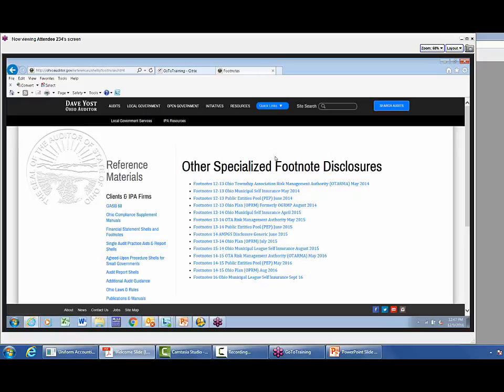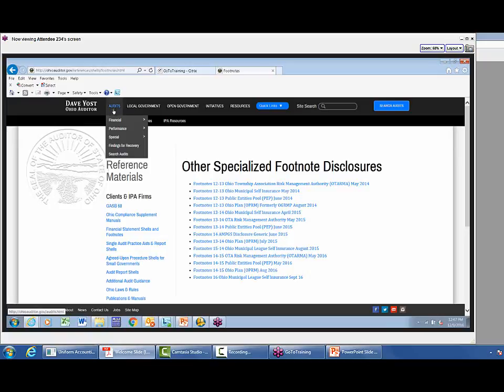The only other thing I'm going to show you right now while we're out here is if you go back up to the top and you look at the 5 main categories, audits, local government, open government, and so forth. If you hover over the audits tab, it pulls up another drop-down menu.